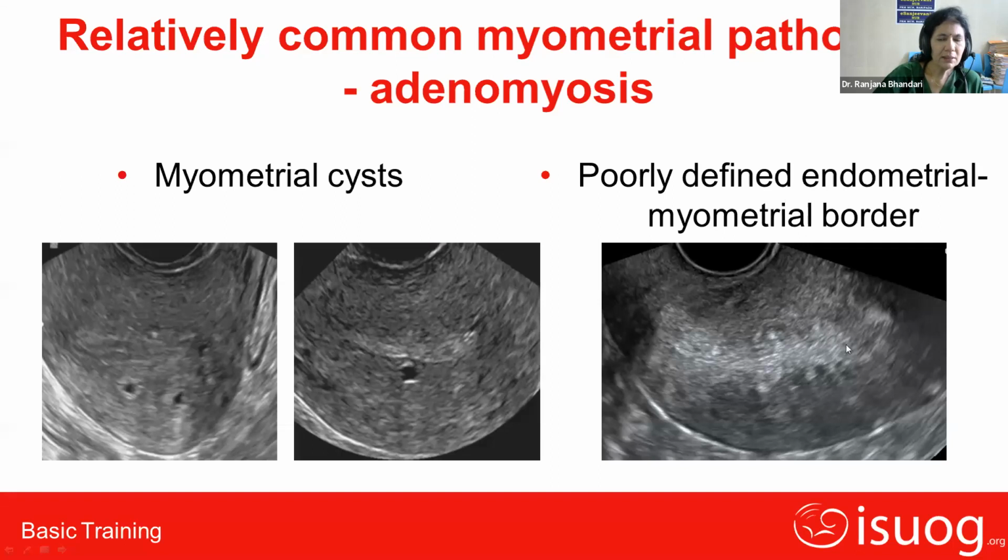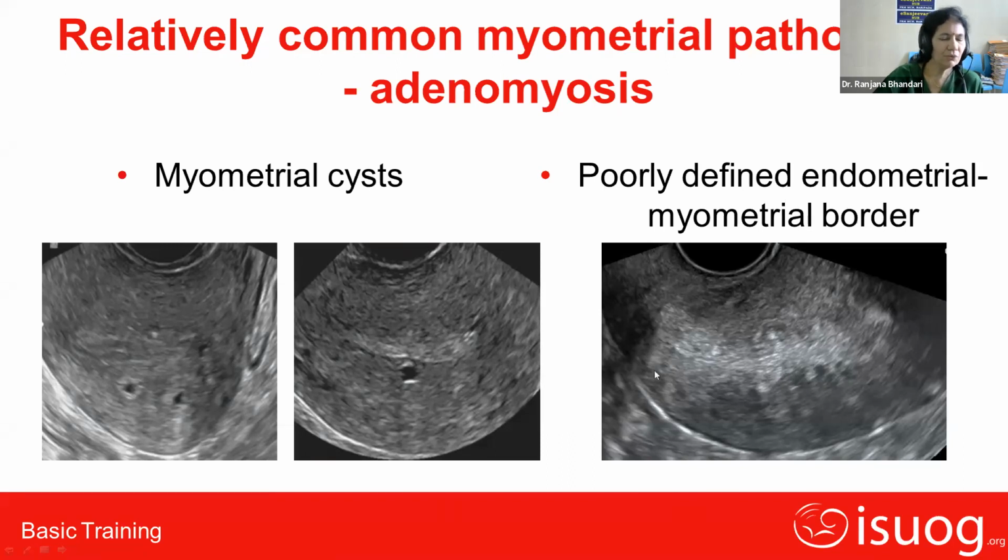But with SIS, saline infusion sonography, when we put in saline, these lesions we can easily see, because the saline gets introduced into the endometrial myometrial cracks. The saline will be introduced, and this will look like lollipop diverticula. These are the endometrial myometrial cracks.